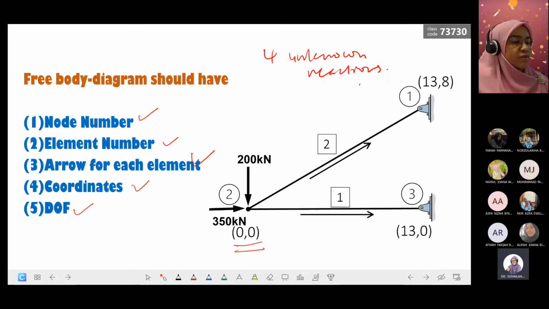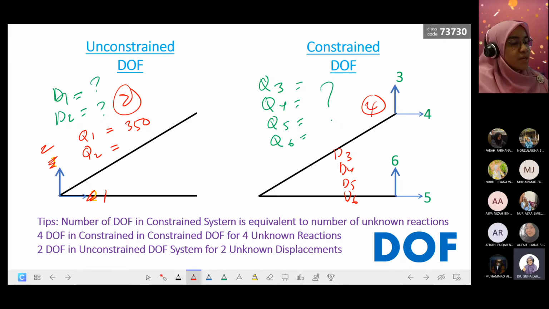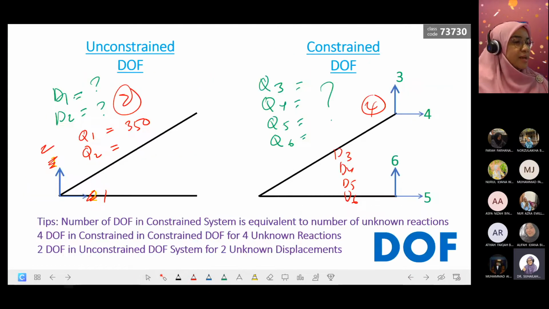It is 350 to the right, same as the sign convention, so Q1 is 350. Q2 is a vertical force, and it is negative 200 because it is opposite to the sign convention.